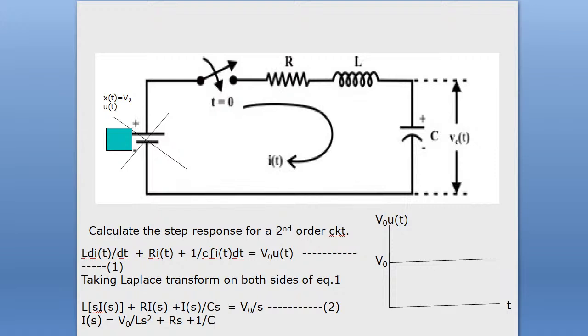Okay, suppose this function, you see I of s is equal to V naught divided by L s square plus R s plus 1 by C. This is complex. We don't know the inverse Laplace transform of such a type of function. Numerator V naught and denominator L s square plus R s plus 1 by C. Here you see that the roots of the denominator part are repeated, s square.